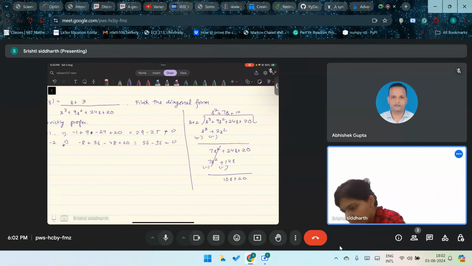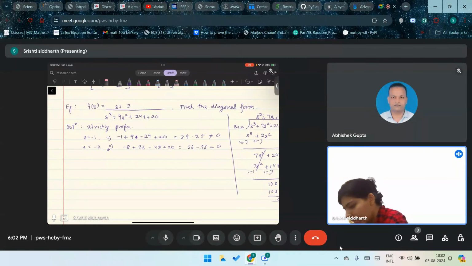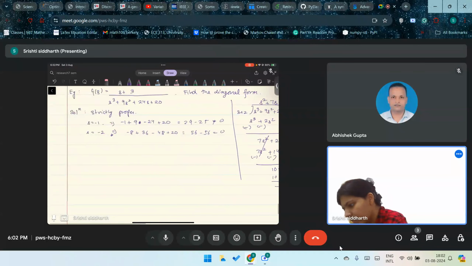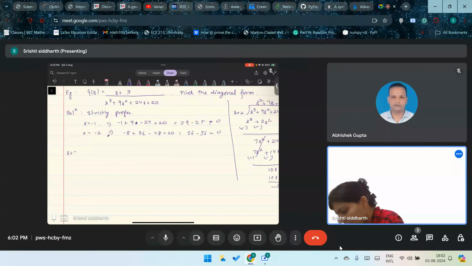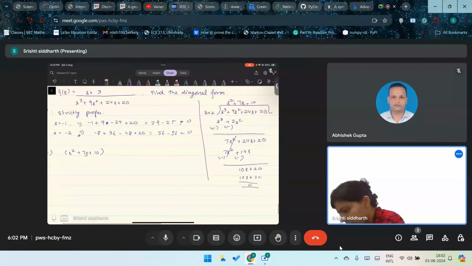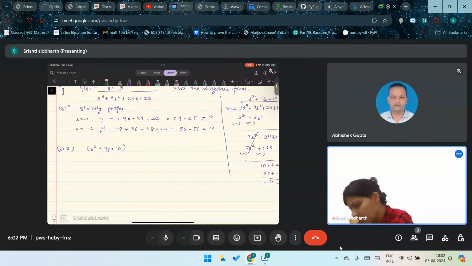So just 10. Okay, so we have (s plus 2) times (s squared plus 7s plus 10). Okay, so now the roots are, let's see. Minus 1 is not a root, nor minus 2.